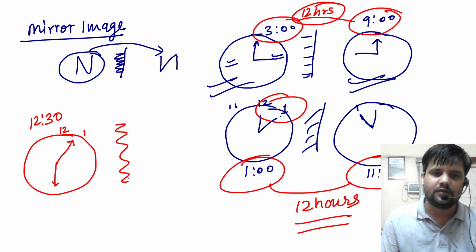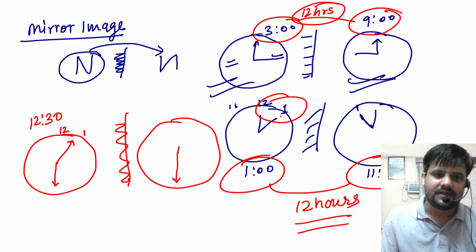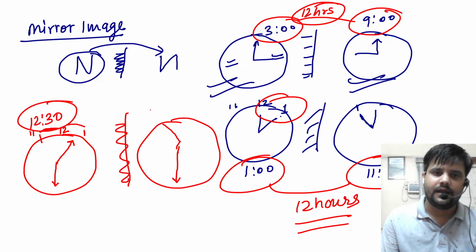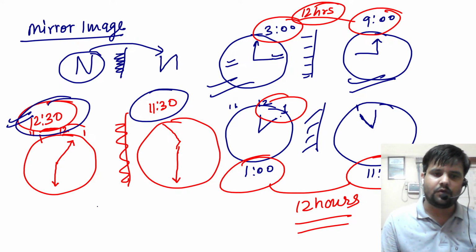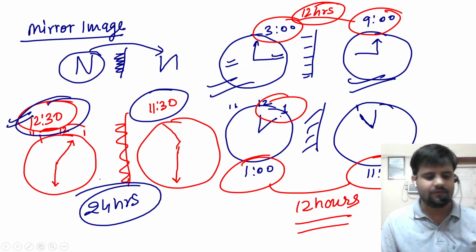The mirror image of this would be that the minute hand will remain at 6, but the needle which is between 12 and 1 will be in between 11 and 12 in the mirror image. So it will be showing you like this. Getting my point? Here the time was 12:30, here you will be getting 11:30. So when the time is above 12, the sum of the mirror image and true image would always be 24 hours. This will help you in answering the questions of mirror image.